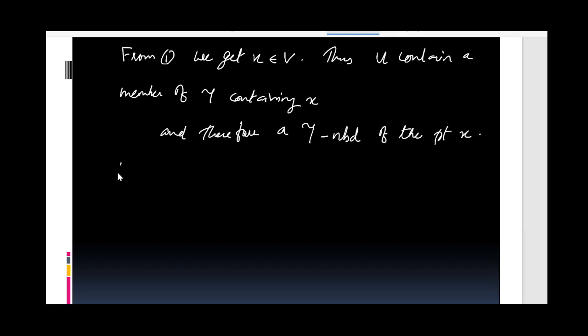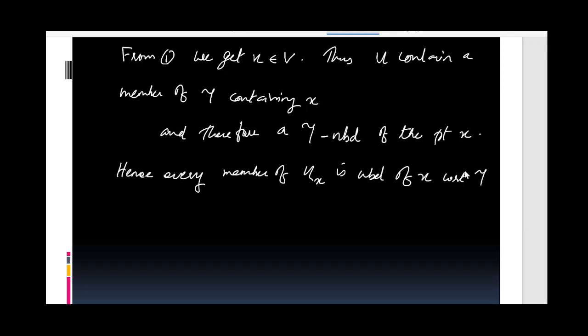Hence every member of your Nx is a neighborhood of x with respect to tau. Okay, so this is the first part. So we have proved that there exists such a topology which coincides with the neighborhood system of that topology.